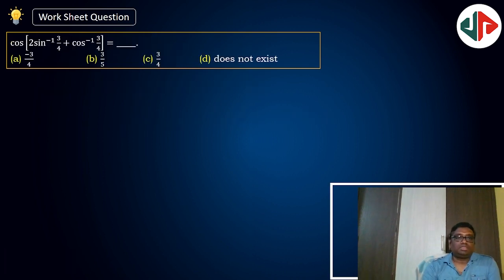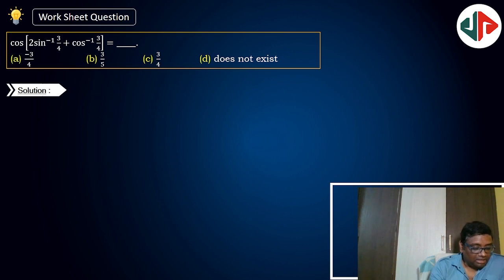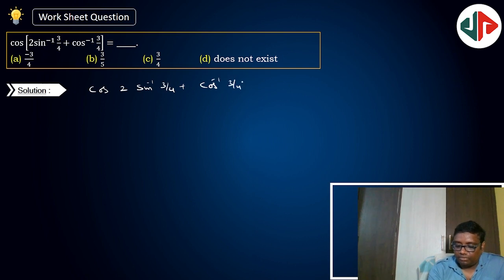Cos of 2 times sine inverse of 3 by 4 plus cos inverse of 3 by 4, what is the value? Same question here. We can rewrite this as cos of (sine inverse of 3 by 4 plus sine inverse of 3 by 4 plus cos inverse of 3 by 4).